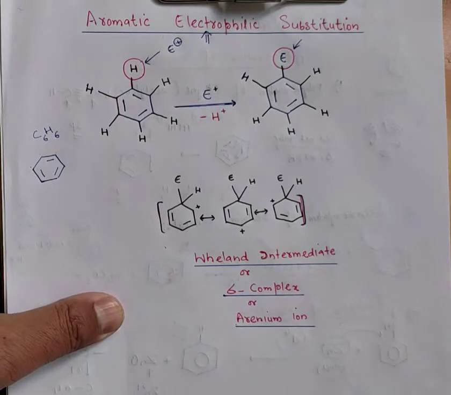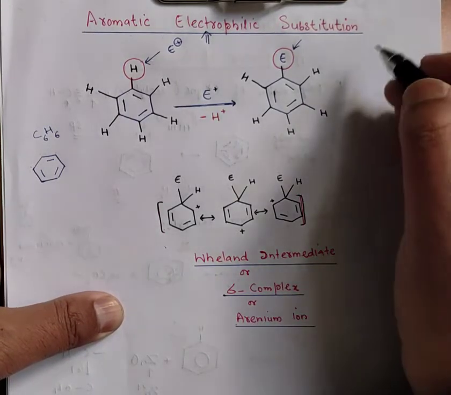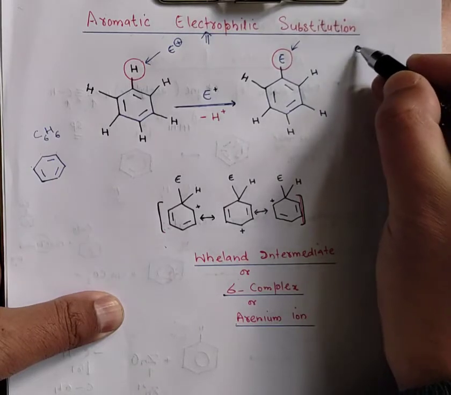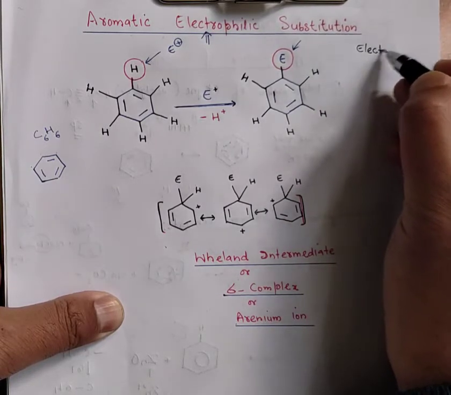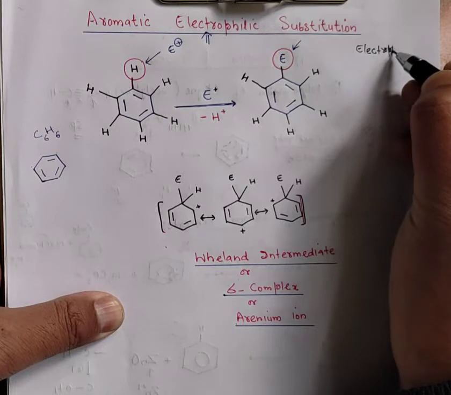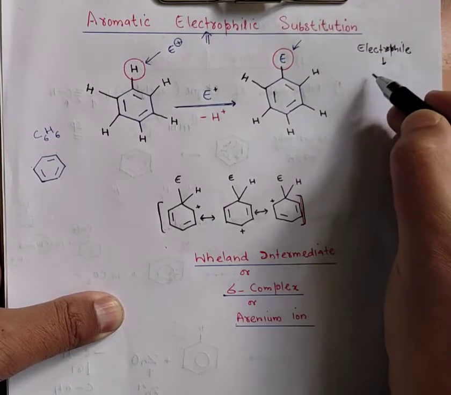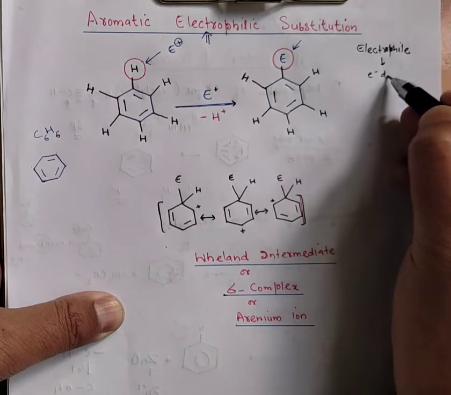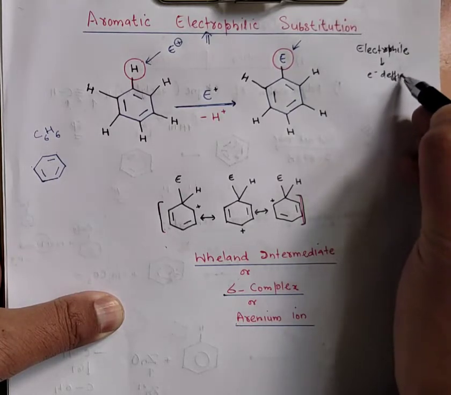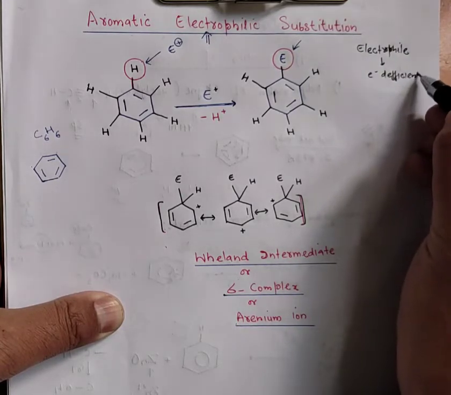Now electrophiles, we know those chemical species. So electrophile is, you can write it here. So electrophile is basically, they are the chemical species which are electron deficient. Electron deficient. Okay.